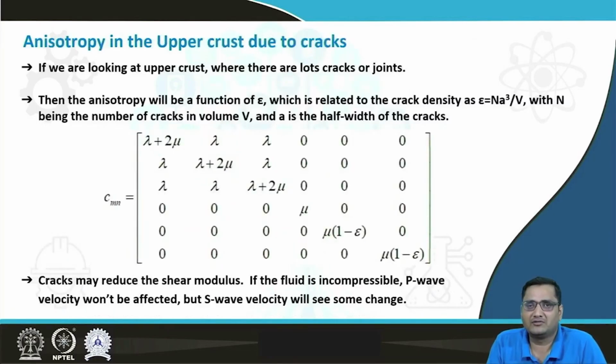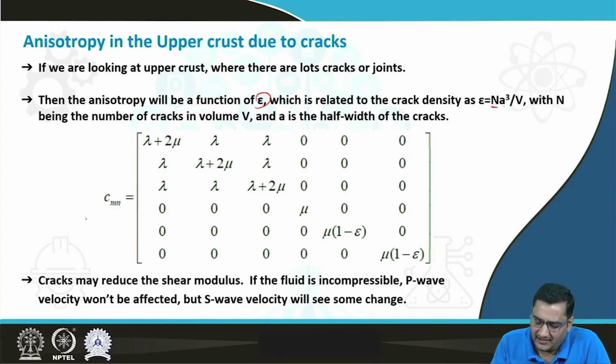Now let's talk about the anisotropy in the upper crust due to cracks. The upper crust consists of many cracks and joints, and those are responsible for producing anisotropy in the upper crust. The anisotropy in the upper crust will be a function of epsilon, which is related to the crack density, given by n a cubed by v, where n is the number of cracks in a volume v and a is the half width of the cracks.